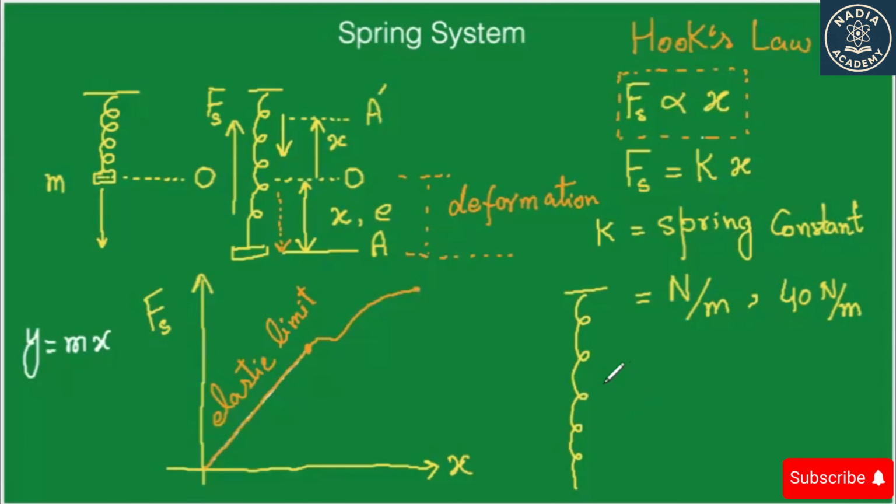Now you can understand that, for example, here it was the mean position and the spring actually returned to a position like this kind of a condition. Now this is some extension which is still there, meaning the length of the spring has increased.